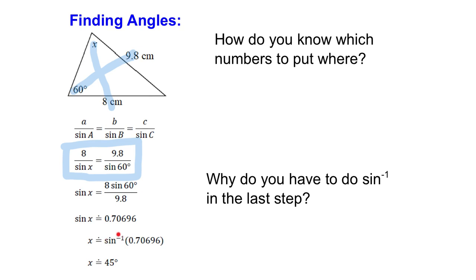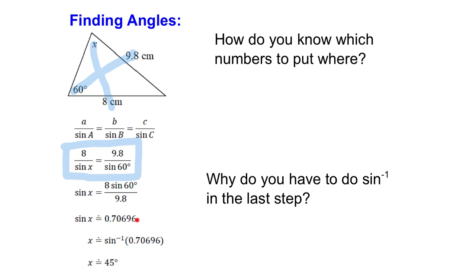And you've seen this before when we were finding missing angles using sine, cosine, and tangent. We had to use the inverse sine or inverse cosine or inverse tangent. Well, here we're solving for sine x. So if sine x equals 0.7, then x equals the inverse sine of 0.7.